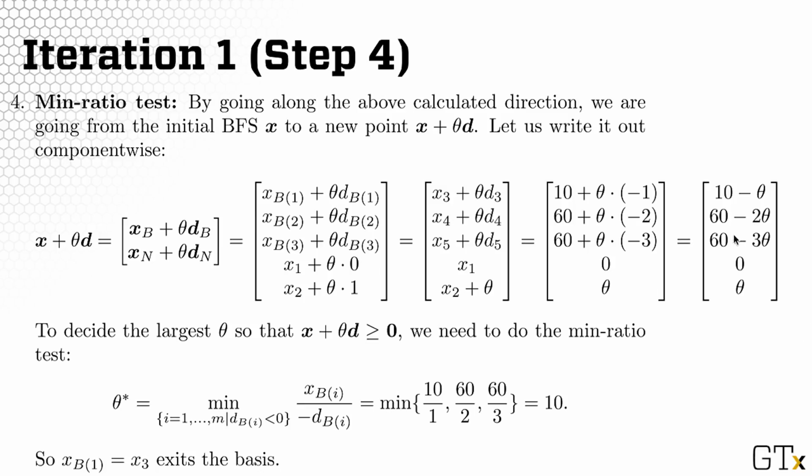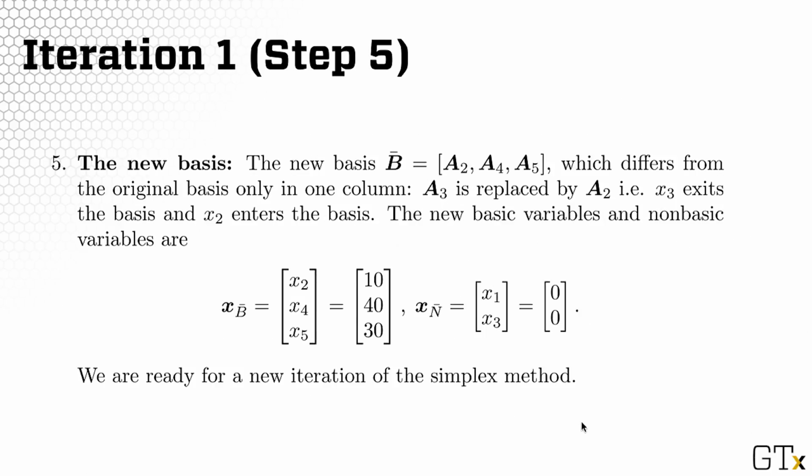Well, x2 goes from 0 plus theta times 1. d2 is 1. So x2 becomes 10 because theta is 10. So that's why the new basic variables are 10, 40, and 30. And the non-basic variables are, of course, 0 and 0. So this is a new basic feasible solution.